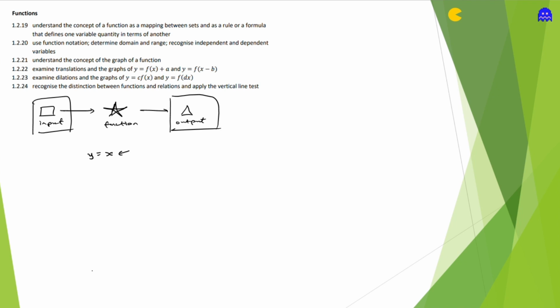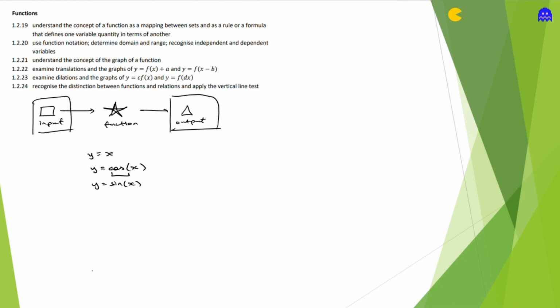This is an example of a linear function, y equals x. In this case, the output is the same as the input. You can also have y equals cos x. In this case, our function of x is the cosine function. We have y equals sine x, where sine is the function of x here.